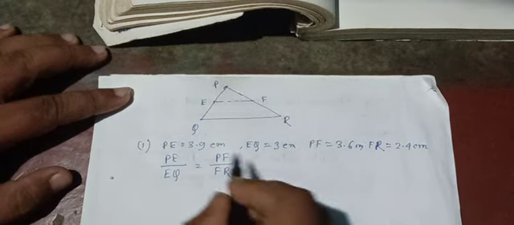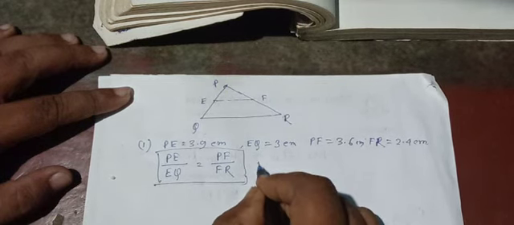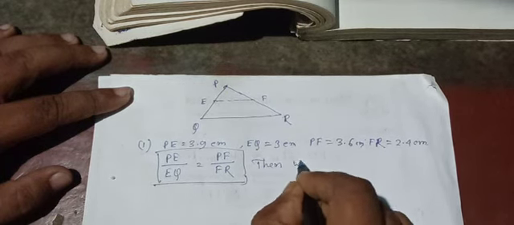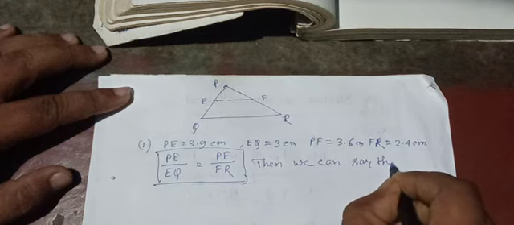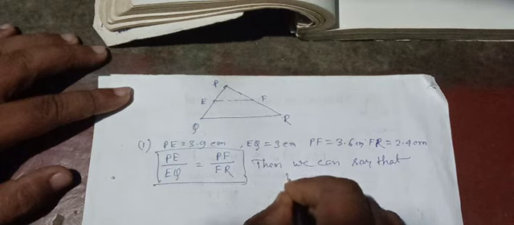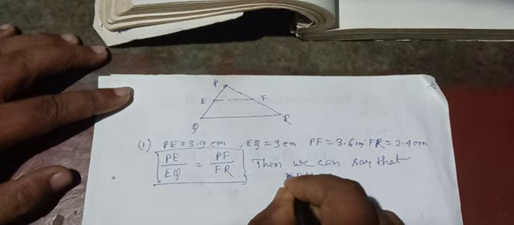If this happens, then only we can say that EF is parallel to QR.